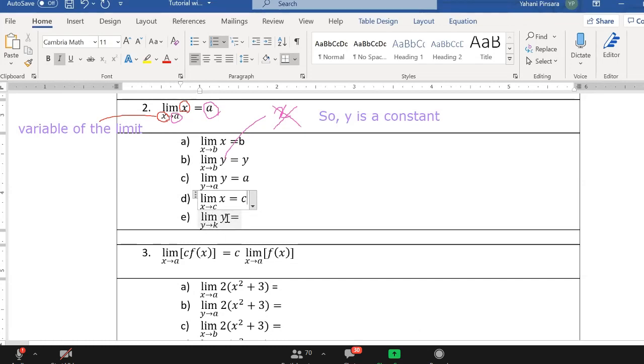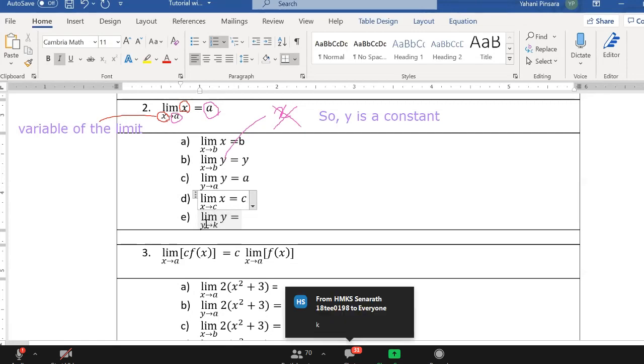So here what happens? Limit of y, and the variable of the limit is y. So we can apply this rule, right? You have to find the limit of y, and y is the variable of the limit. So you can apply this rule, right? So y approaches k.